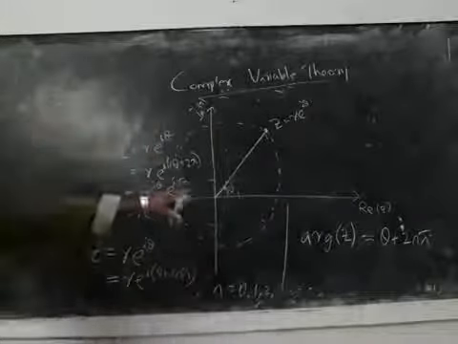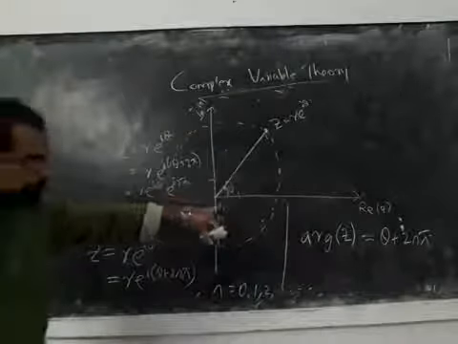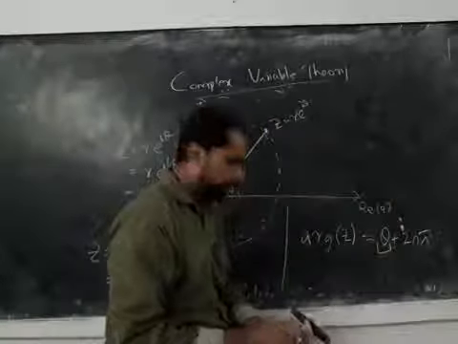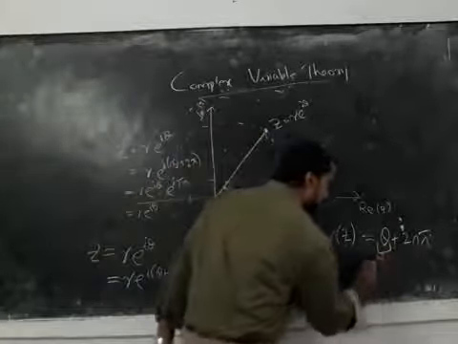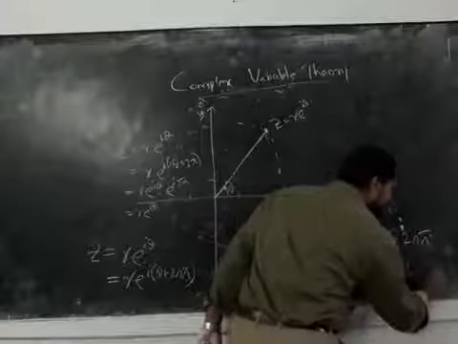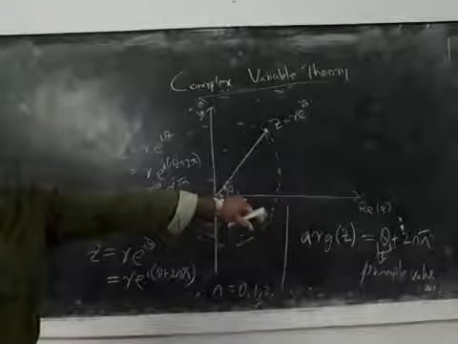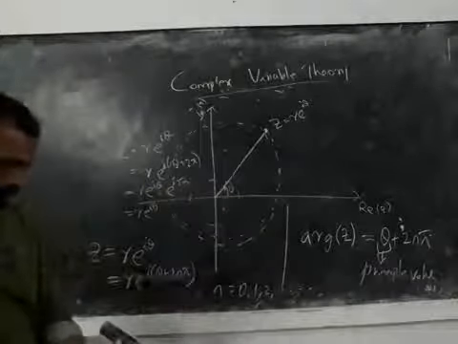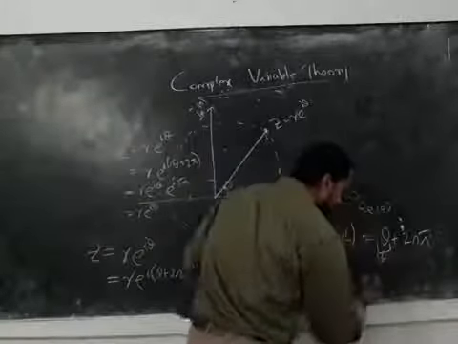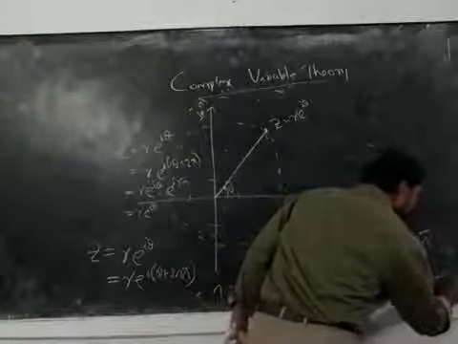So this is the argument of z, and this theta value we call the principal value. This is generally written as the argument of z is equal to capital Arg z plus 2n pi.